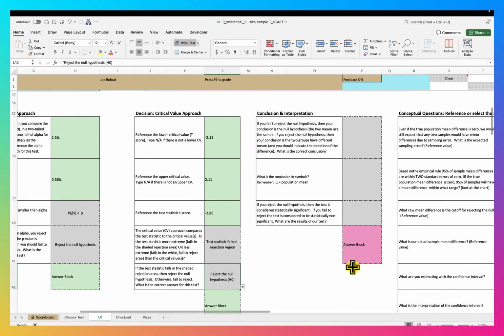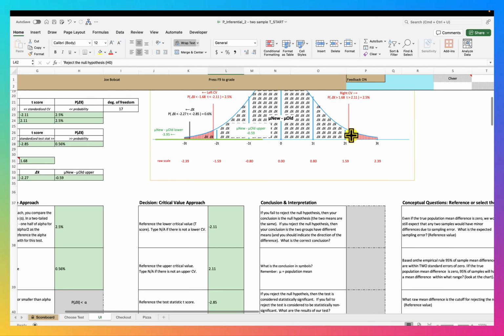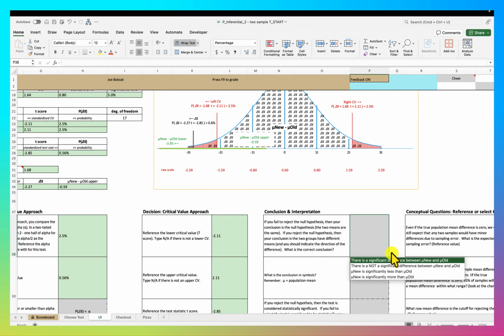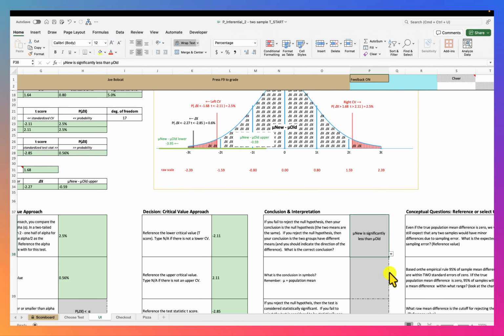All right, more conclusion and interpretation. If you fail to reject, then your conclusion, right? If you reject, then you're saying they're different. And we are saying that they're different, and that this one is less, right? So mu new is significantly less than mu old, which is a good thing because less means less time.